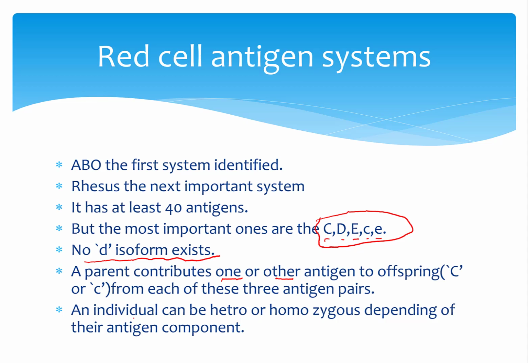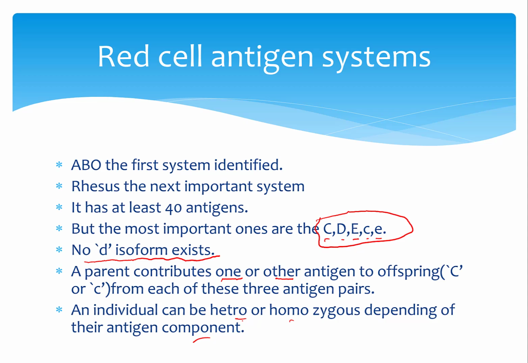So an individual can have capital C, simple c, capital D, simple e, capital E, simple c, like that. So they can have either same isoform, which is homozygous, or mixture, which is heterozygous, depending on the type of antigen they have.